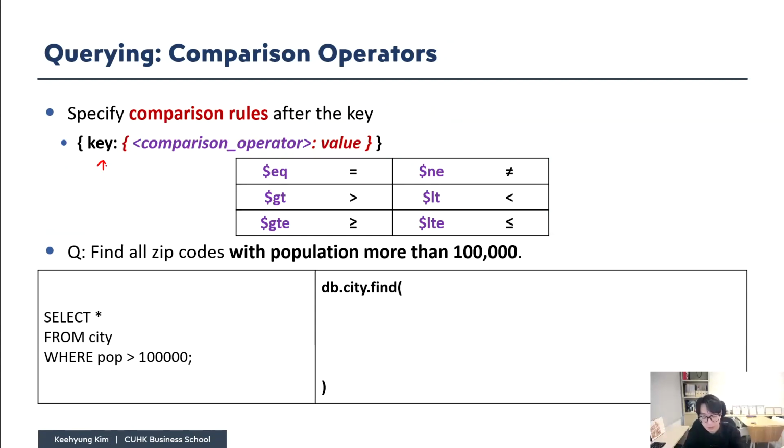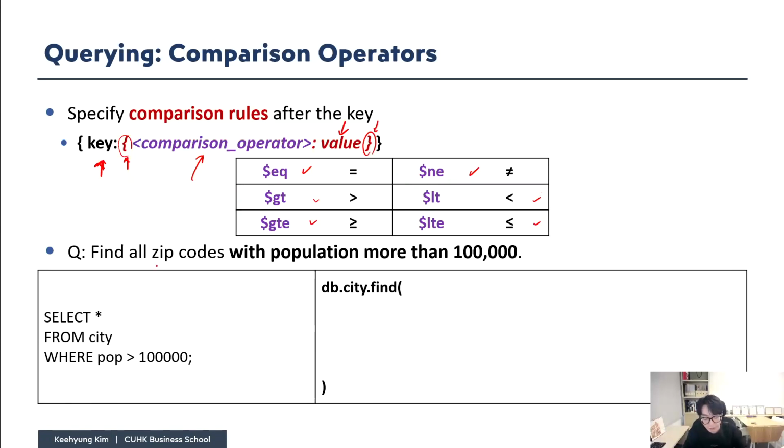The rule is this: specify the key, open a bracket, and inside you specify the comparison rule, meaning the operator and the value you want to compare against. The comparison operators you can utilize are equal, not equal, greater than, less than, greater than or equal, and less than or equal.